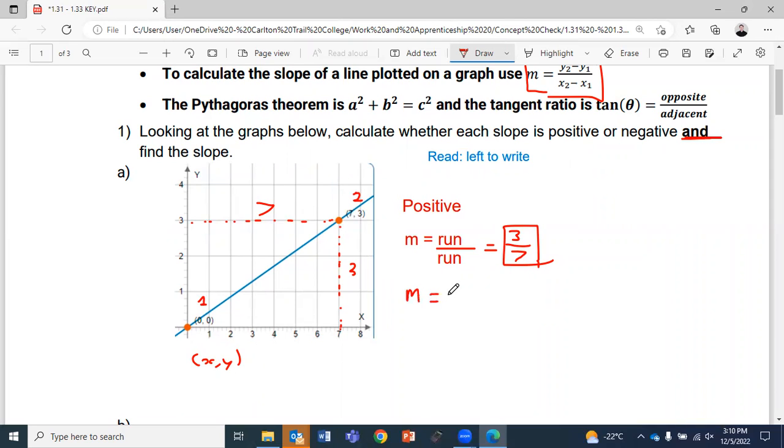So m is equal to y2 minus y1 all over, remember, y's are rise, all over the run, which is x2 minus x1. This is going to tell me the slope.